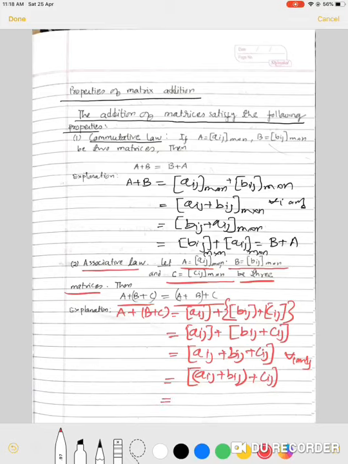So we can write here (Aij plus Bij) plus Cij, or we can write Aij plus (Bij plus Cij), or we can write A plus B plus C.